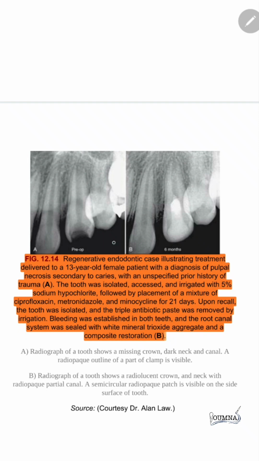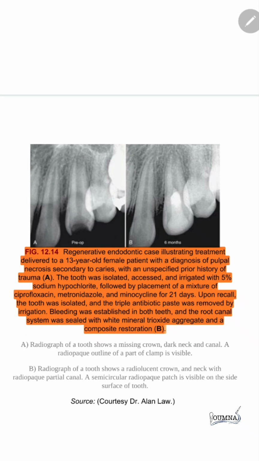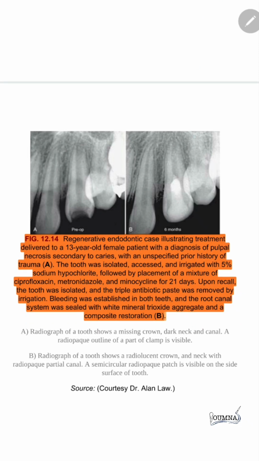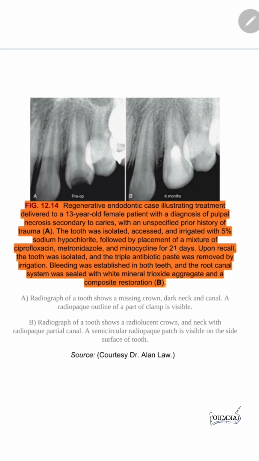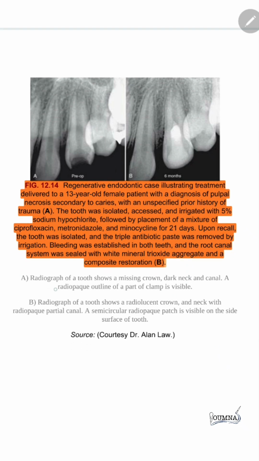This is another tooth, but the cause of the necrotic pulp was due to caries, and we did the same thing: irrigation, then placement of a mixture of the antibiotic paste for 21 days. The time depends on the symptoms.